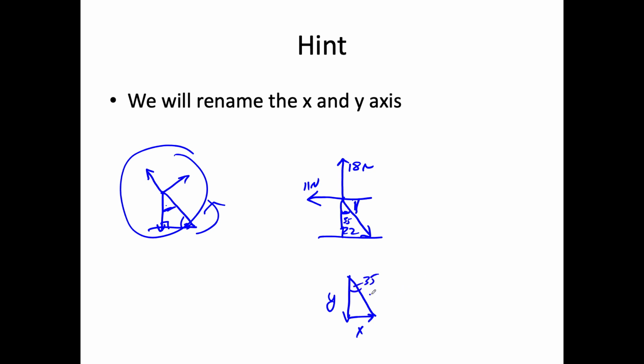And this is 22. So 22 times sine of 35 is going to give me my x, while 22 times cosine of 35 is going to give me my y. And so if I get my handy dandy calculator out, go 22 times sine of 35, x is going to be 12.6.